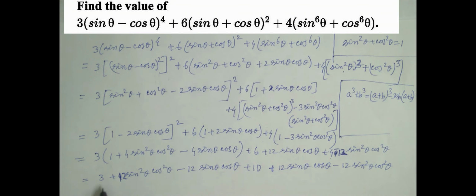Now see, 3 plus 10 is equal to 13. 12 sin² θ cos² θ minus 12 sin² θ cos² θ will get cancelled. Minus 12 sin θ cos θ plus 12 sin θ cos θ will get cancelled. So finally the answer is 13.